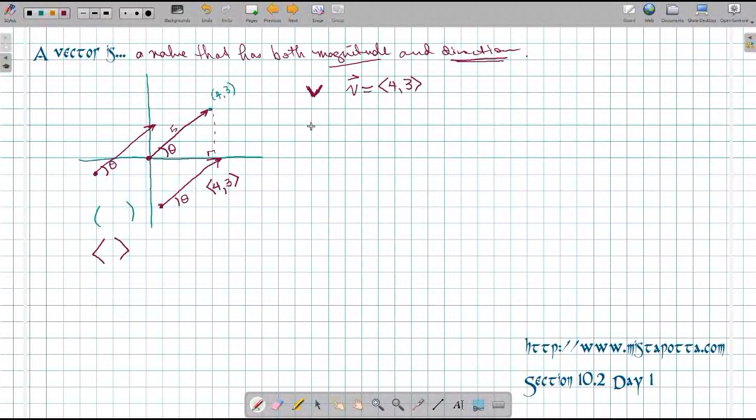So my magnitude is really going to be the square root of my horizontal component squared plus my vertical component squared. And that's how we were getting the magnitude of 5 for each of these, because these are essentially the hypotenuse of a right triangle.